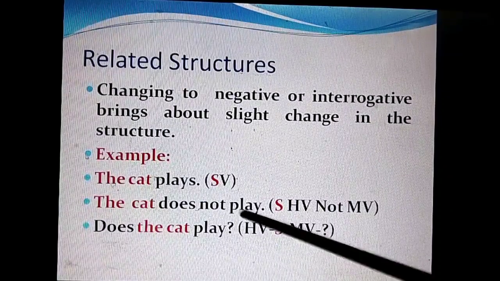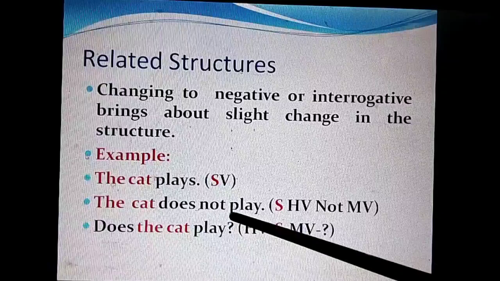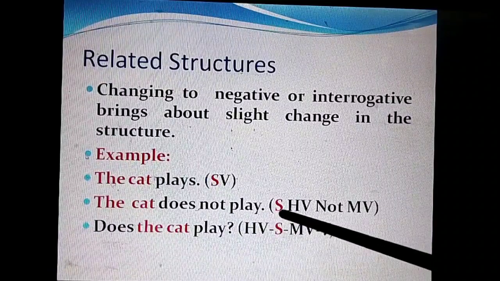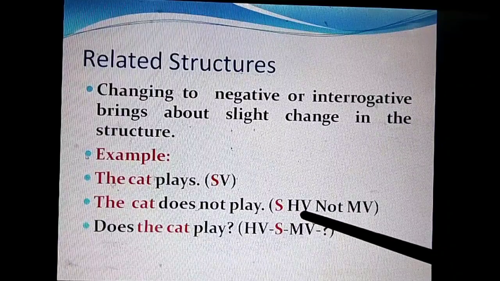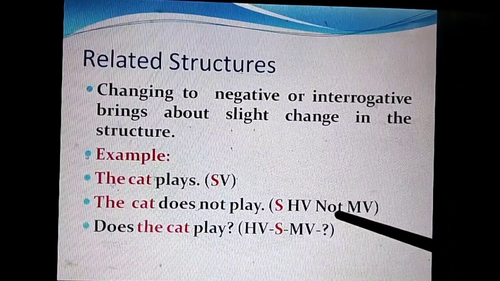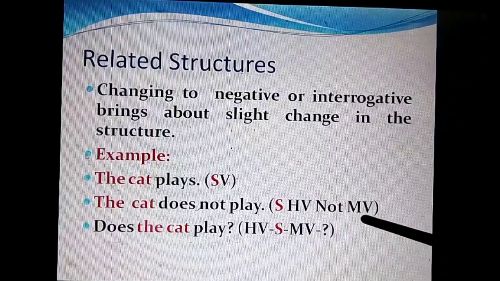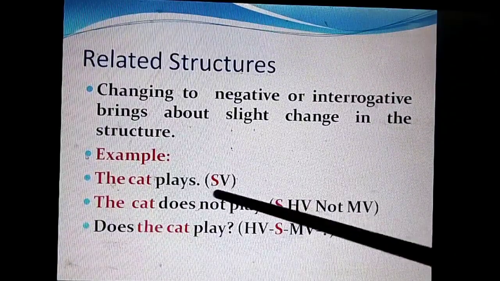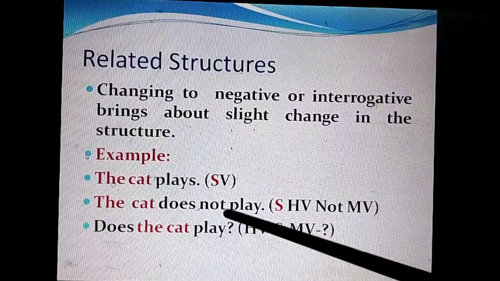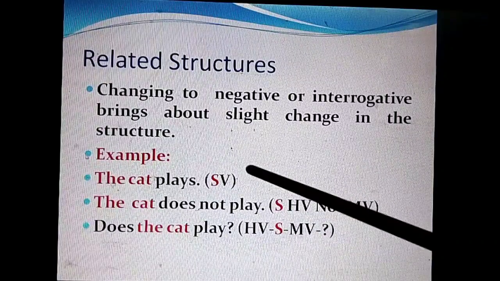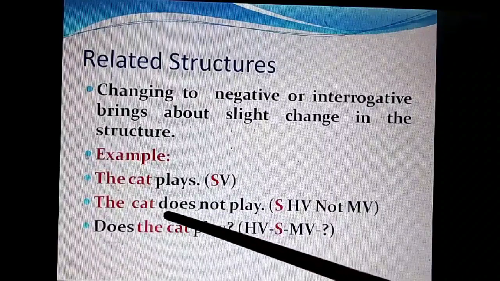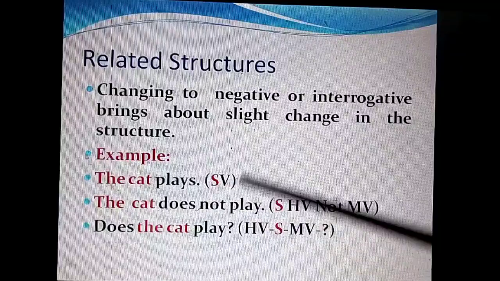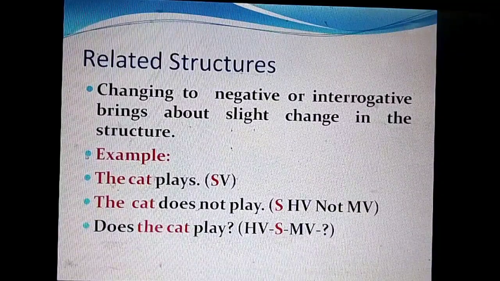This is just a revision for you. So the cat does not play. So there is a slight change in the structure. You can see there is subject followed by helping verb followed by not, and finally followed by main verb. So this change comes in this basic structure. But if you are asked where is the finite verb, it is the same: does not play. This whole thing is the finite verb.